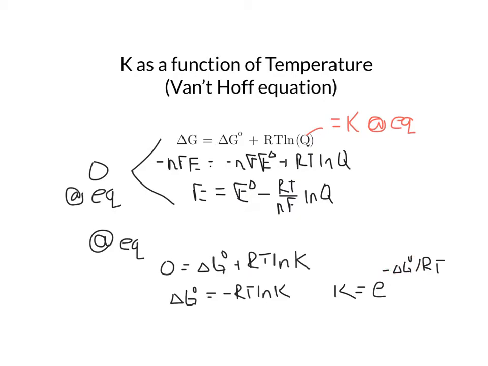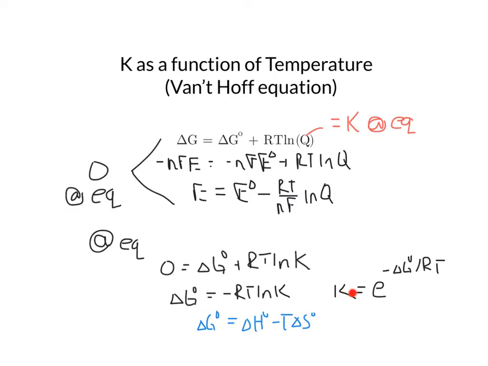Remember that delta G, any delta G, so also delta G naught, is equal to delta H naught minus T delta S naught.